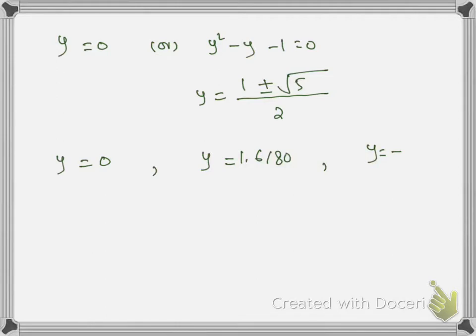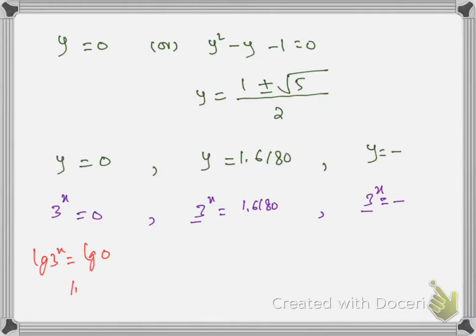So we have to work for x. So let's see how many values of x we will get. By replacing y by 3 power x, we have 3 power x equals 0, 3 power x equals 1.6180, 3 power x equals negative whatever. So when we take log of 0, we get infinite, no answer.